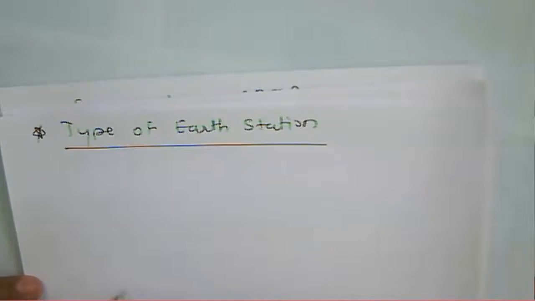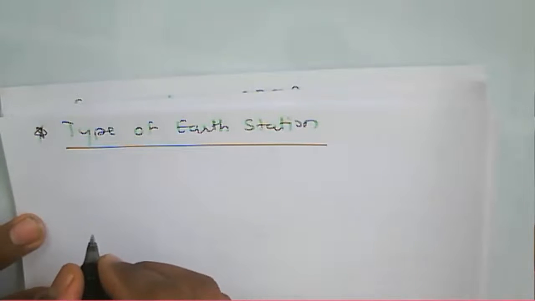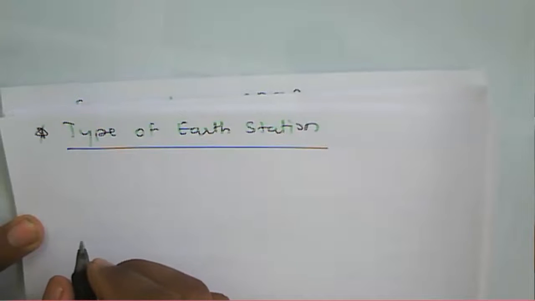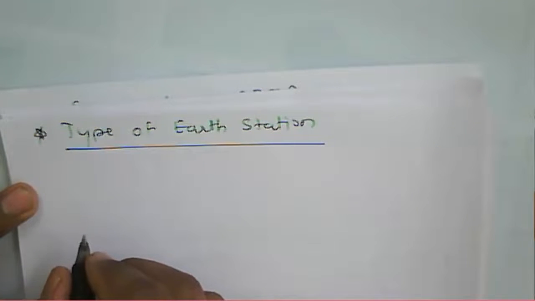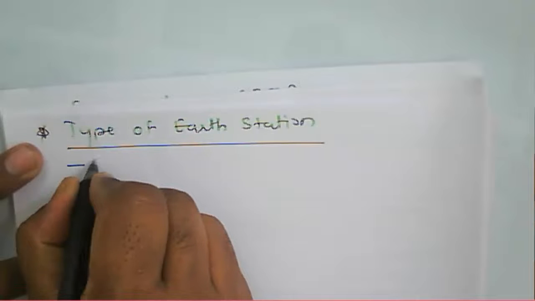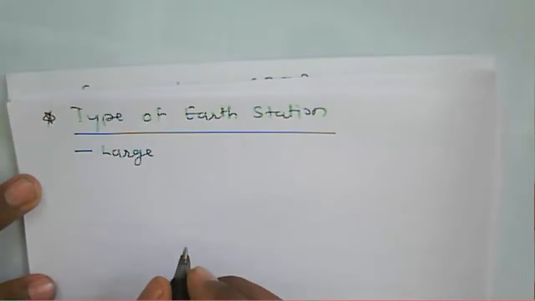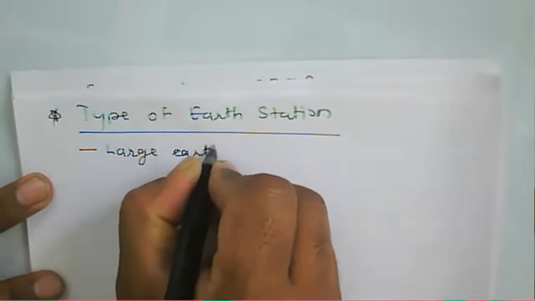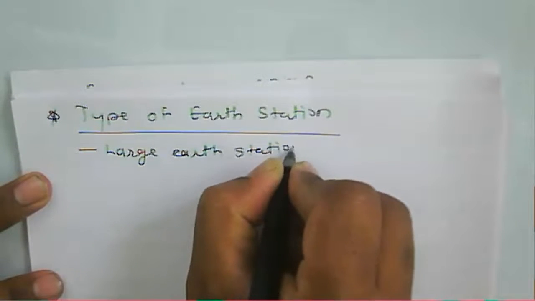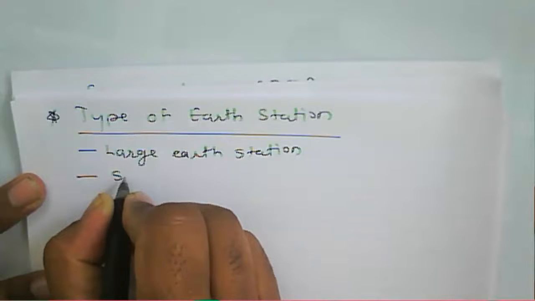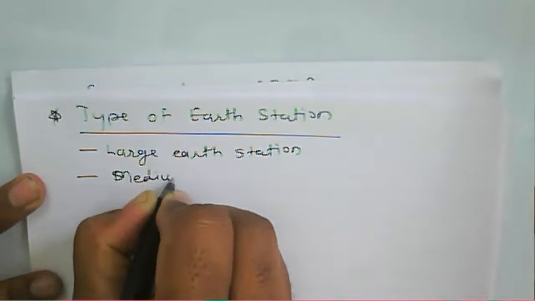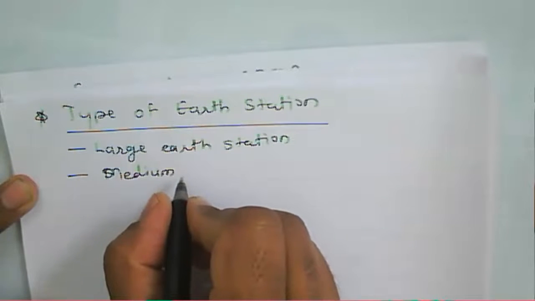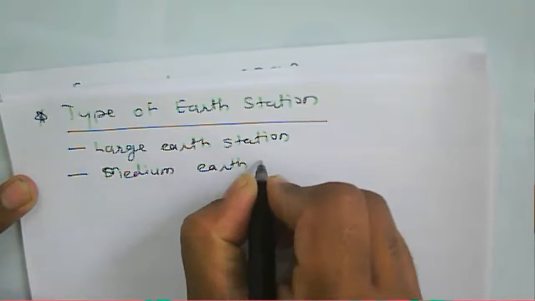Now the types of earth station, as we said earlier, are classified based on the size of the antenna. If the antenna size is large, then that earth station is called a large earth station. If the antenna size is medium, then we say it is a medium earth station.